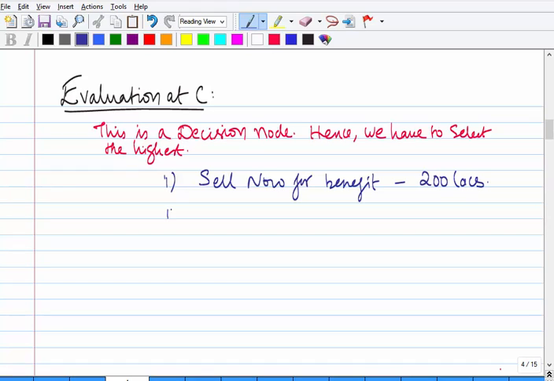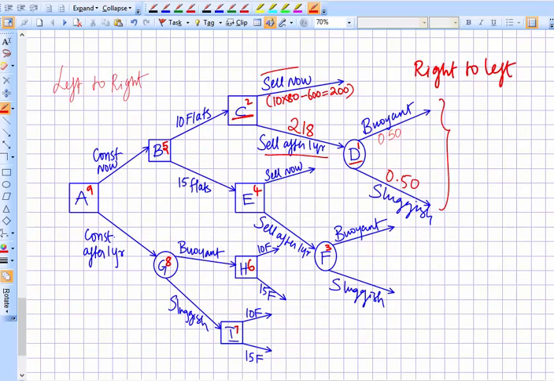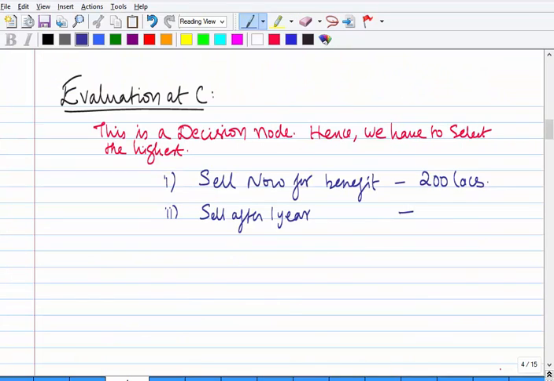What is going to be the benefit if you sell after 1 year? What we have seen from the earlier calculation is 218 lakhs, right? So that's going to be 218 lakhs.